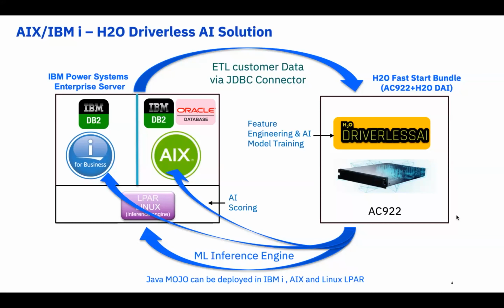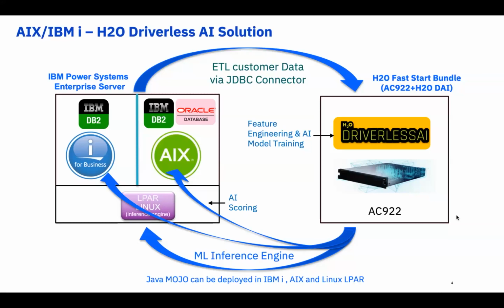Integrate this with H2O Driverless AI running on an AC922, which is our OpenPOWER-based, Power accelerated server. Import the data and create your models using all the features we have in H2O. Once the model is trained and validated, simply export this predictive model to your favorite operating system, whether it be IBM i, AIX, or Linux.